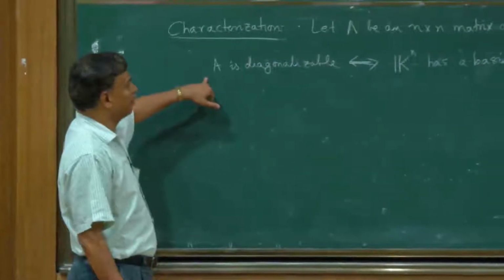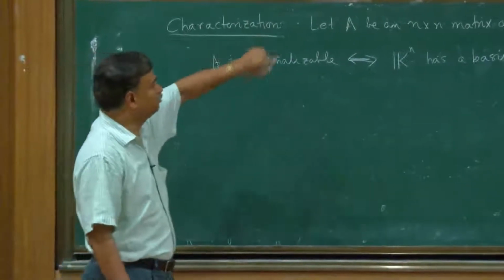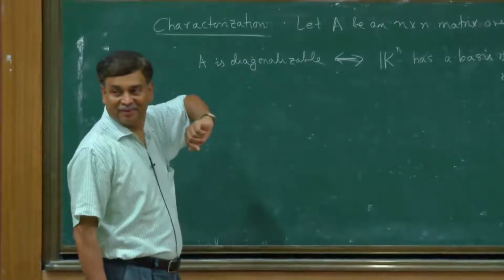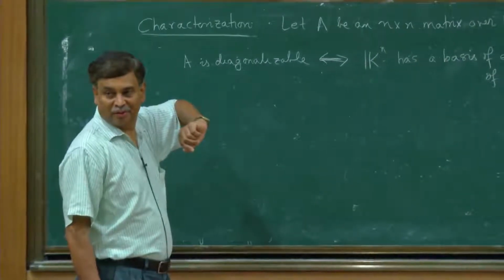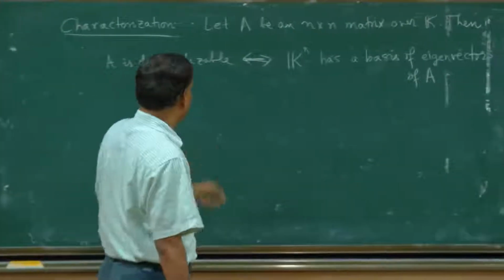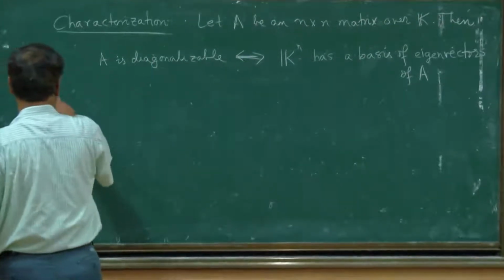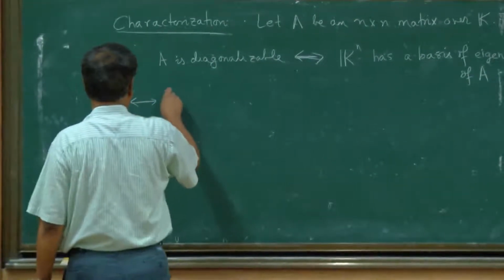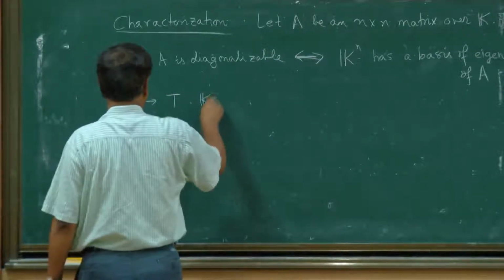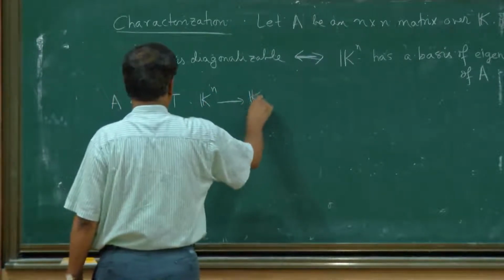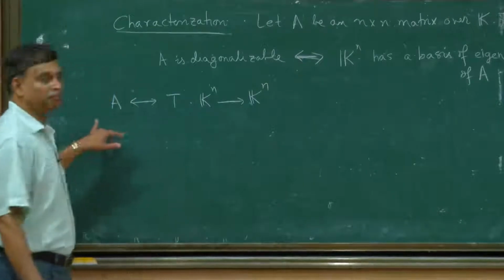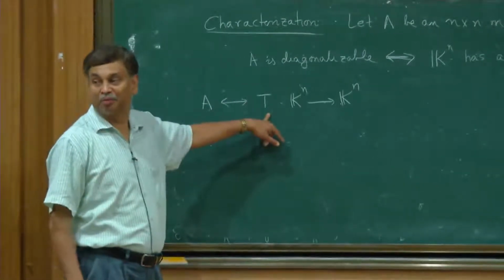Suppose A were diagonalizable, that means it is similar to a diagonal matrix. So A corresponds to a map, say T from Kn to Kn, and A is, let us say, the matrix of this with respect to the standard basis.